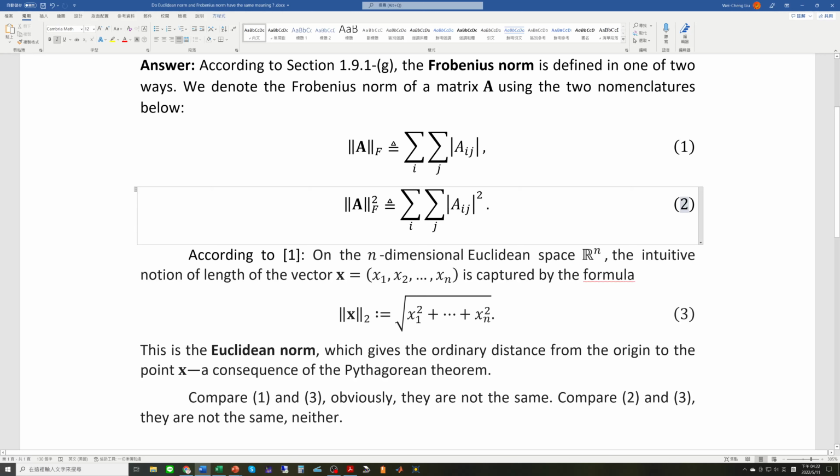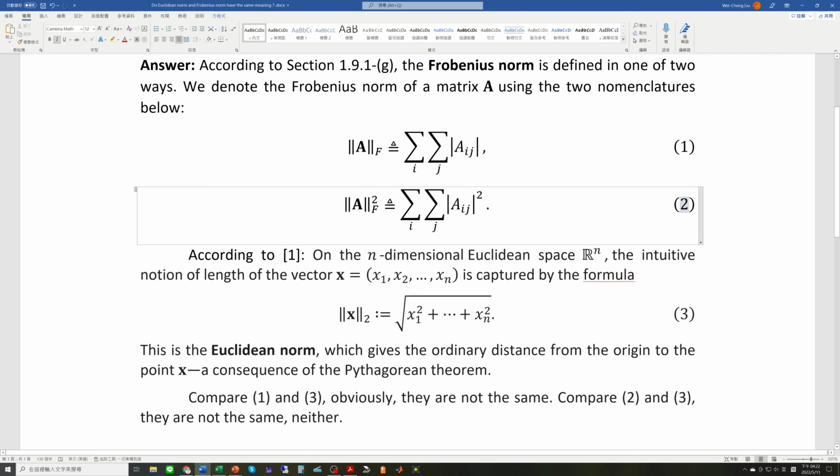However, in equation 3, the Euclidean norm of a vector does not take the absolute value, and equation 2 does not have a square root.